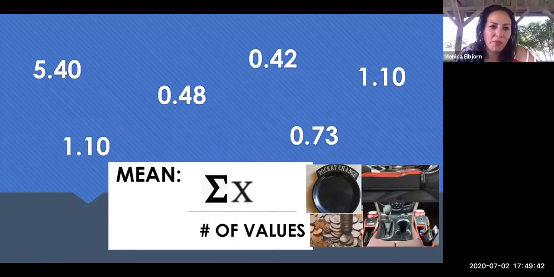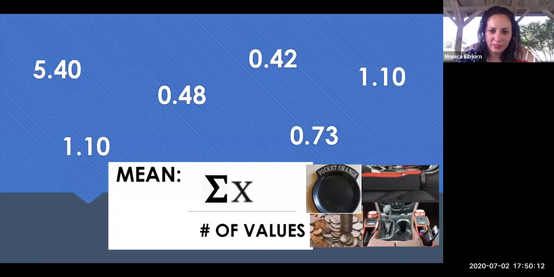We're going to add 5.40 plus 1.10 plus 0.48 plus 0.42 plus 0.73 plus 1.10.